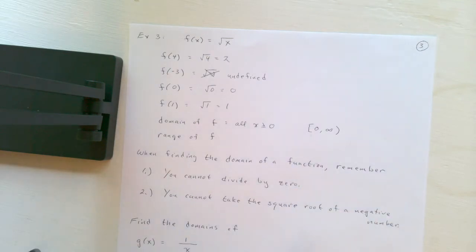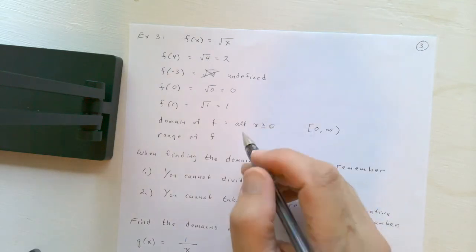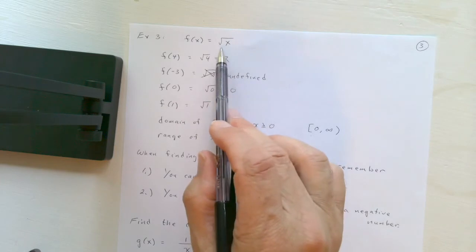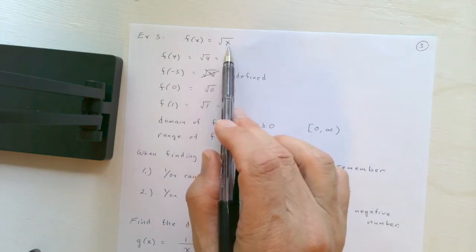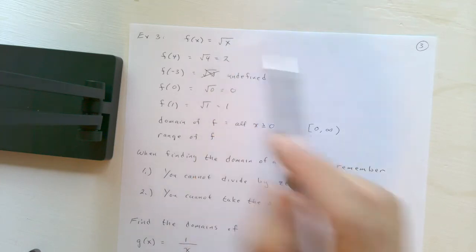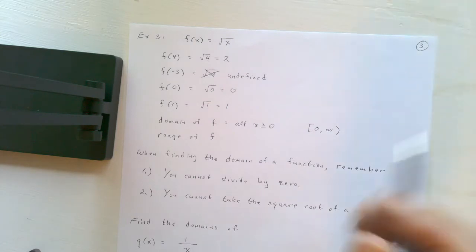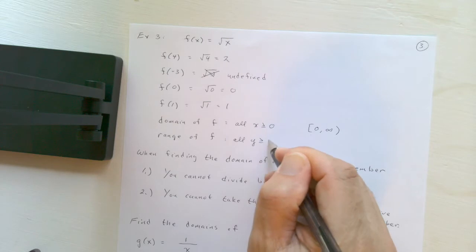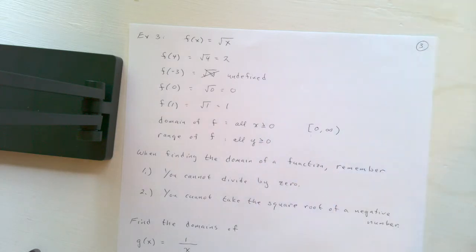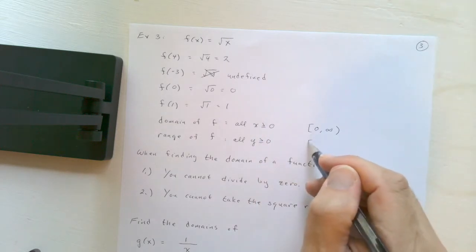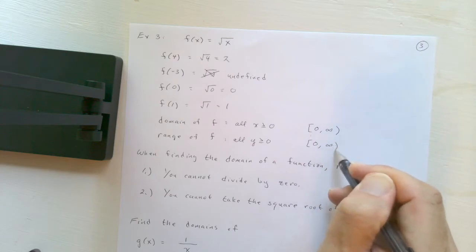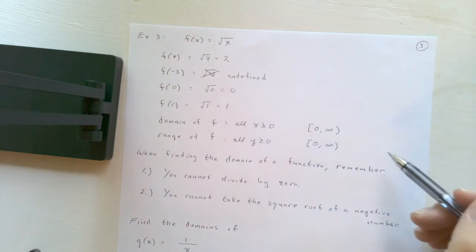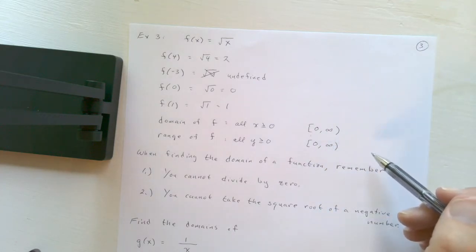Right. The range, if you think about this, because this is the positive square root, the output is always going to be a positive number or 0. So you can say y greater than or equal to 0, or you can just write 0 to infinity again. Any positive number is going to be the square root of something.